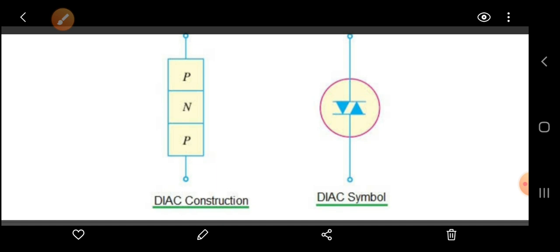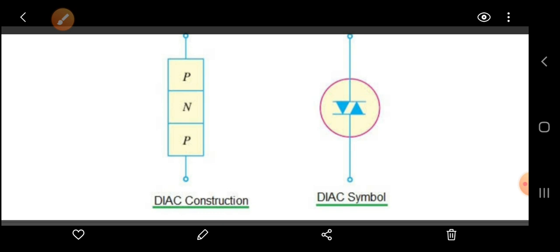Now, considering the two terminals, I can call one anode 1 and the other anode 2. There is no anode and cathode, and there is no third terminal, the gate, here. We only have two terminals, and I am calling them anode 1 and anode 2.